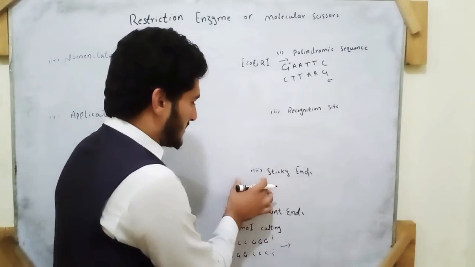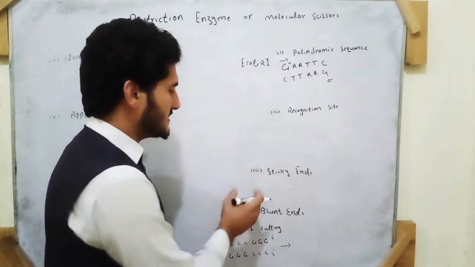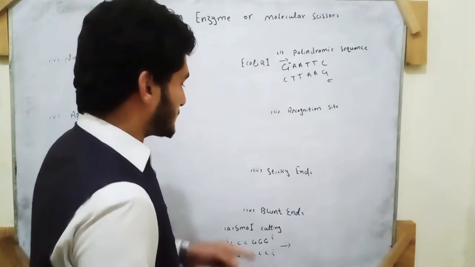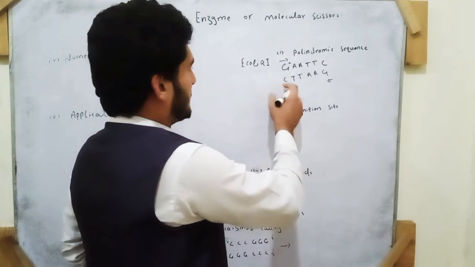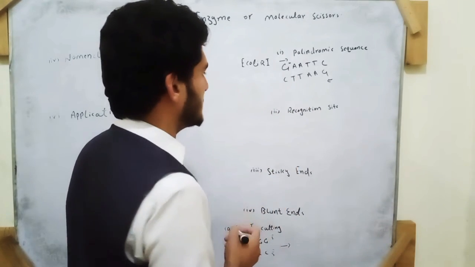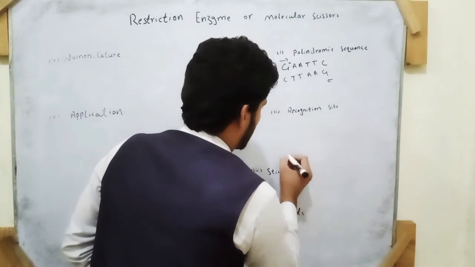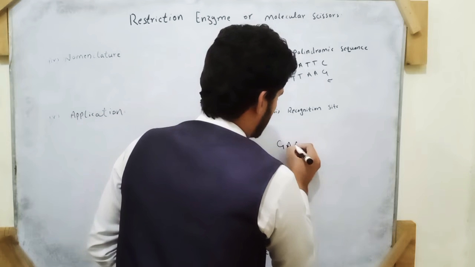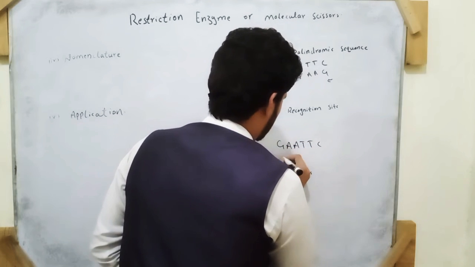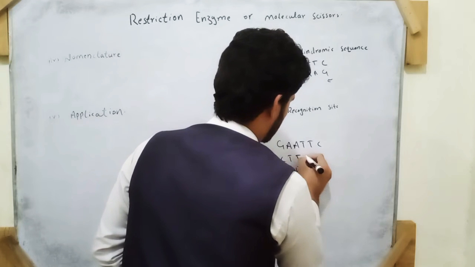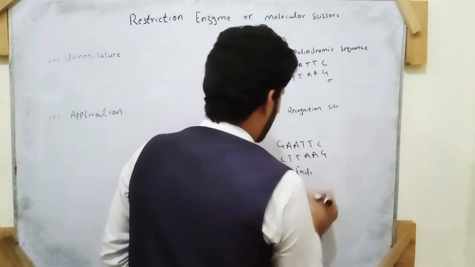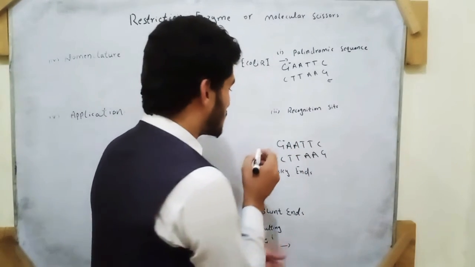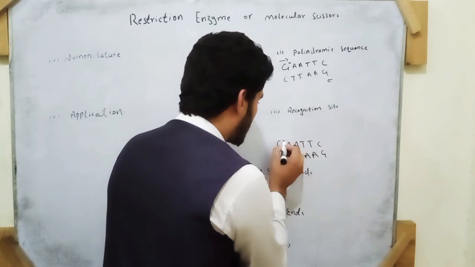Now the third terminology used in the restriction enzyme topic is the sticky end. This is also an example of sticky ends. If this is the sequence, when the restriction enzyme comes to this recognition position, it makes a cut here.